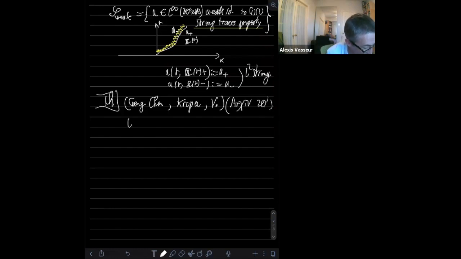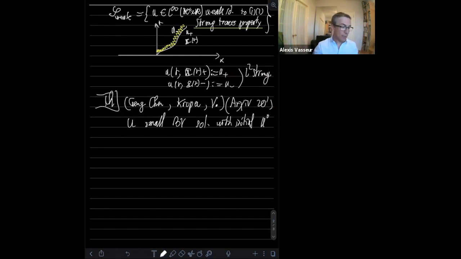You consider a solution, let's call it U, a small BV solution, with initial value U0, which is small BV. And now you want to have a perturbation of this with a function which is just in S weak.